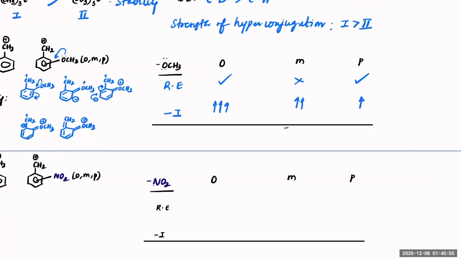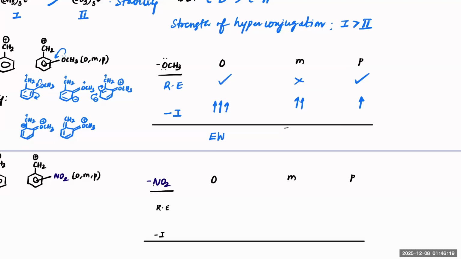So you can see para is at a farther distance, so it would have only resonance energy and no inductive effect. Electrons are donating by resonance, while the minus effect is withdrawing, but resonance is donating.